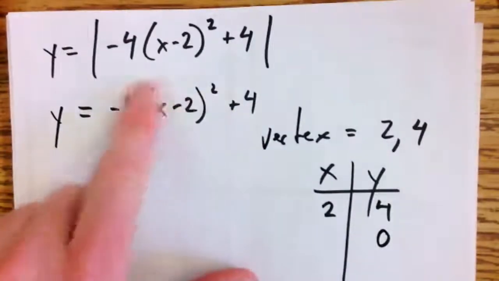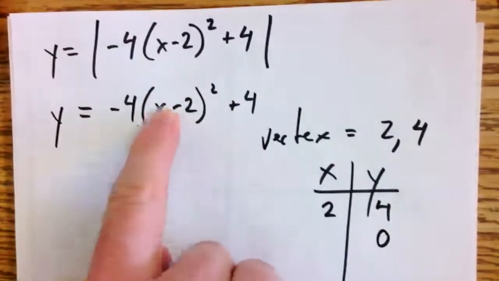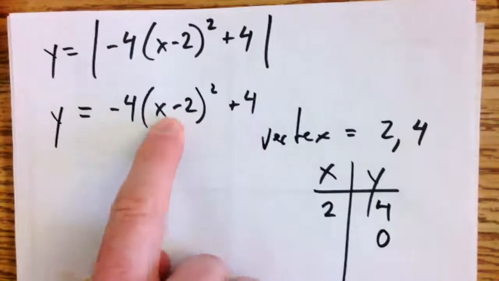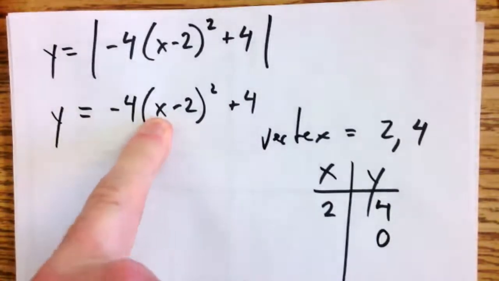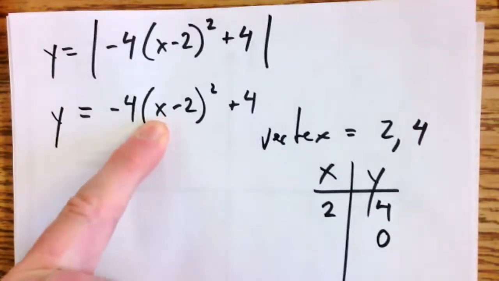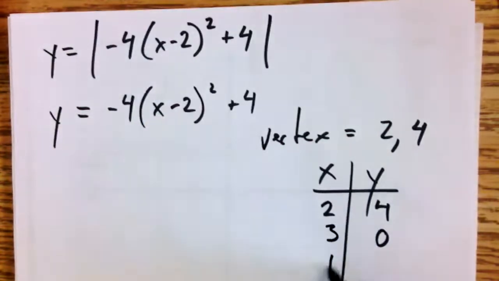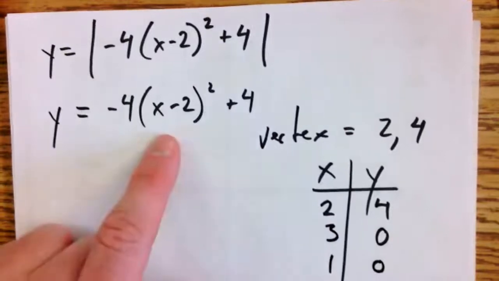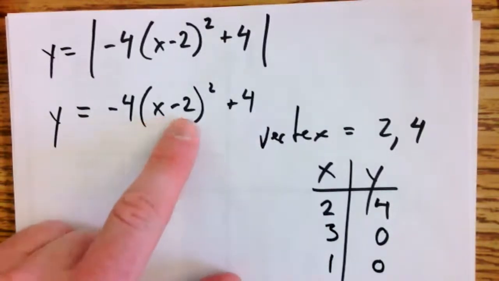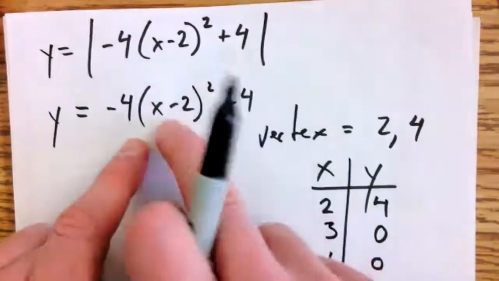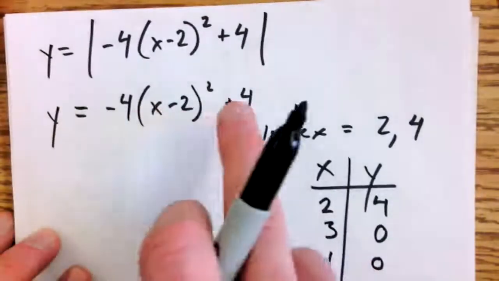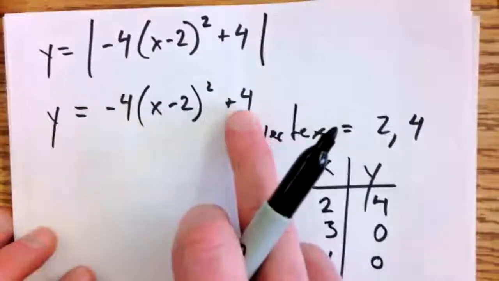So to make this whole thing -4 we need times 1. What makes this 1? If x equals either 3 or 1. Can you see that? Because 1 minus 2 is -1, -1 squared is +1, -4 times +1 is -4, -4 plus 4 is 0.